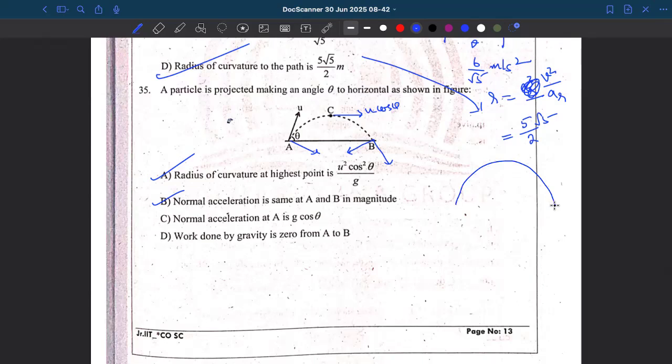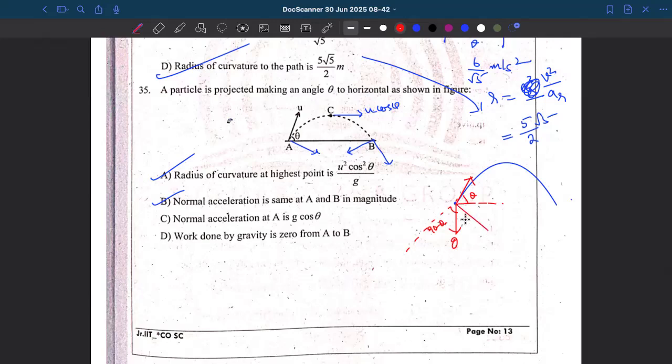This is the projectile path, right? At this point, this is how your velocity is. At this point, this is how acceleration is. Extend this back. This is theta. This is 90 minus theta.